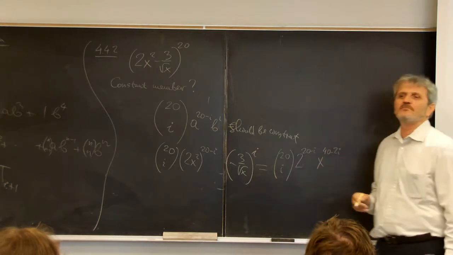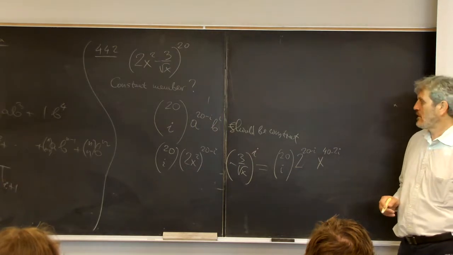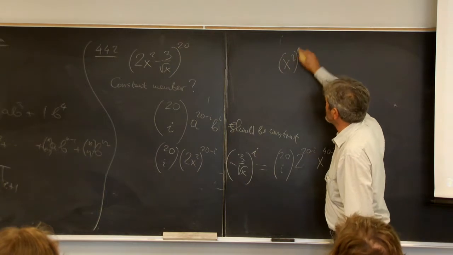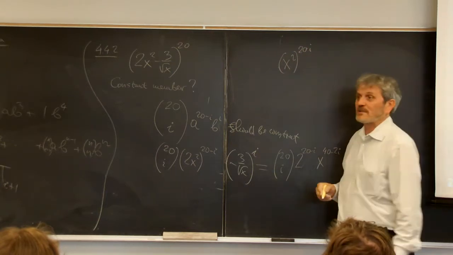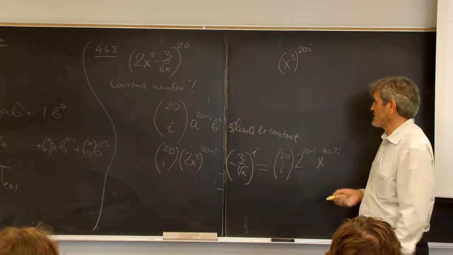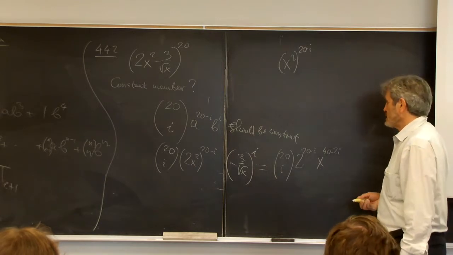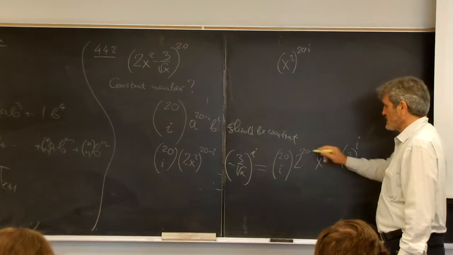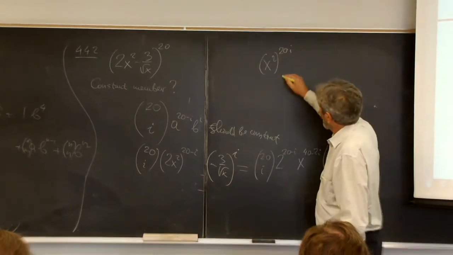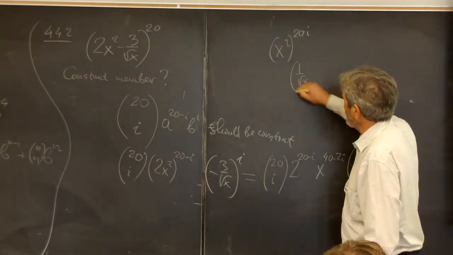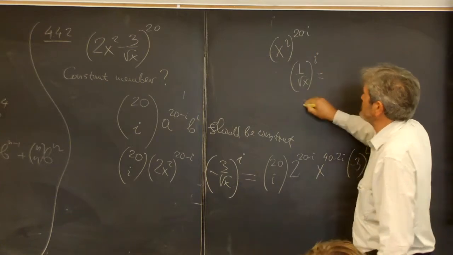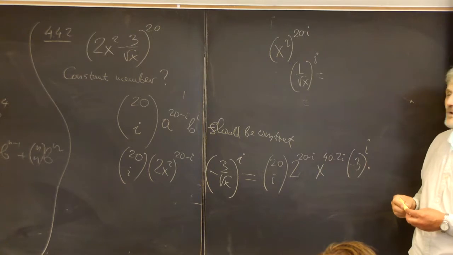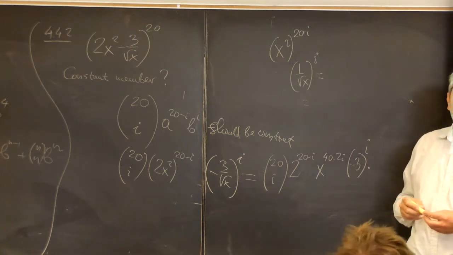How did I get that? When you raise x squared to the 20 minus I, what happens? You multiply the exponents, and that's what I do. Then times negative 3 to the I, and times, what about this? 1 over square root of x to the I. A little algebra here. 1 over square root of x, that's x to which power?